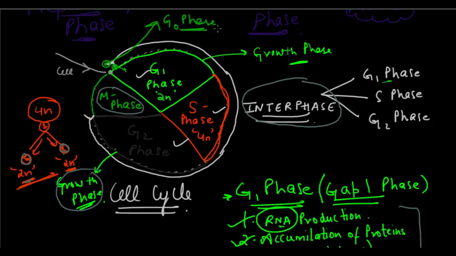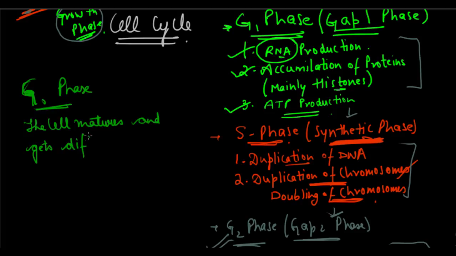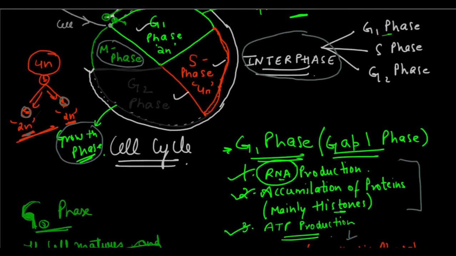In the G0 phase, the cell stops dividing, and may differentiate and take on a specific structure.